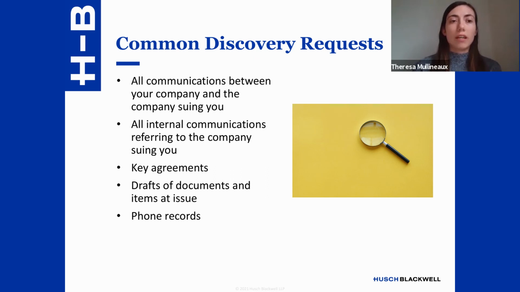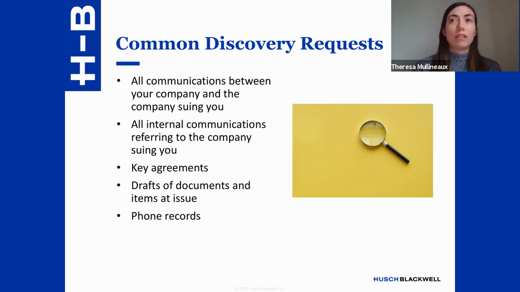So typically, each party will ask for all communications between you and the company suing you, and communications are viewed pretty broadly. It can be any letters sent through the mail, emails, instant messages, text messages, really any sort of correspondence, meeting notes.